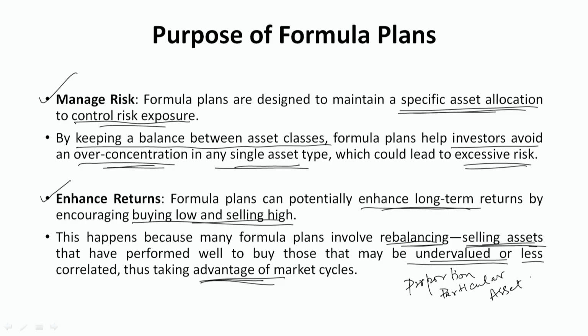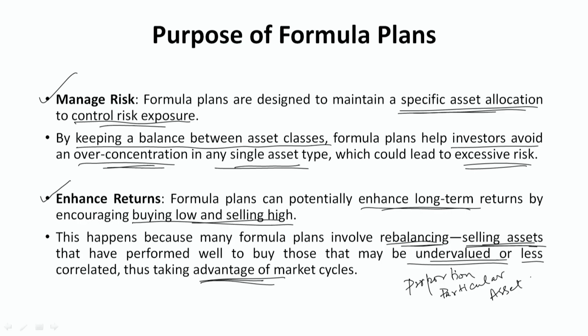So, in that case, you can think about realigning the formula plan where you can balance it by putting more proportion into those assets which can give you a better return than those assets which were earlier classified as part of your portfolio with a higher proportion. So, that is the idea behind enhancing the returns.